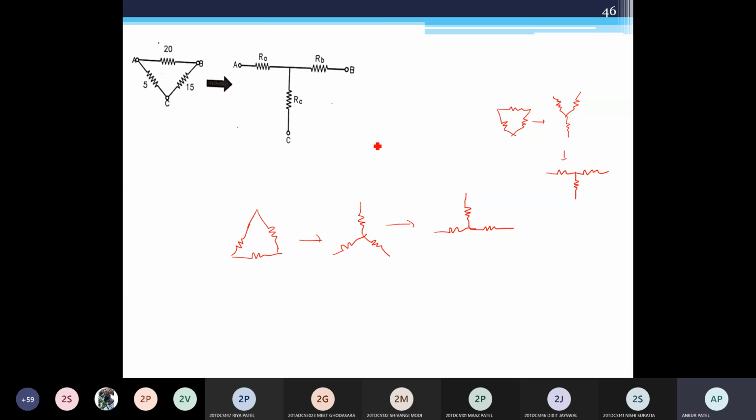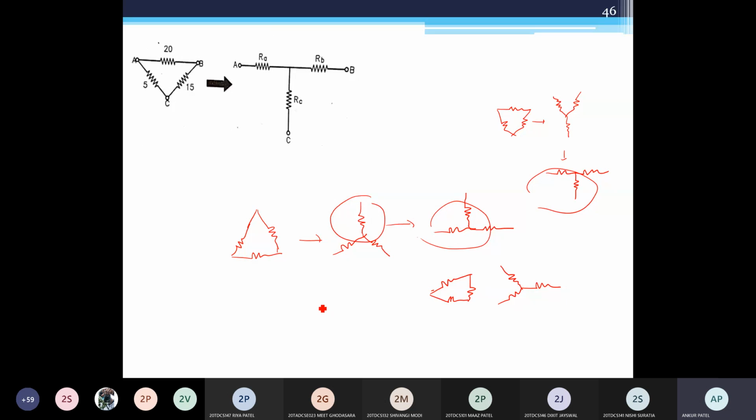It's not necessary to draw like this; this is also a star connection. Sometimes you will be given a delta like this, so you can draw it like this in the circuit.